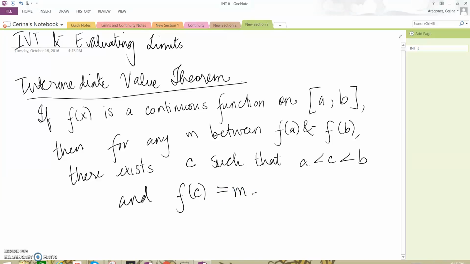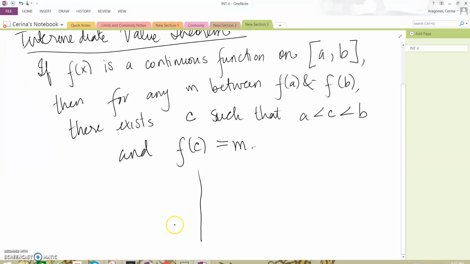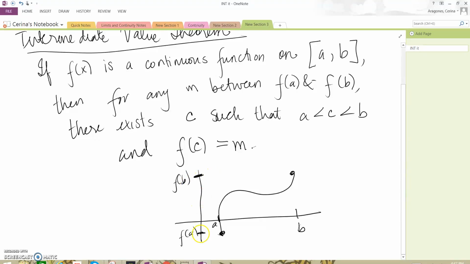So in graphic form, essentially if I have some function between a and b, so here at a I have f of a, and here at b I have f of b. If I pick any value in between f of a and f of b, let's say right here, m, then I'll find a c in between a and b such that if I plug in c into my function, it equals m.